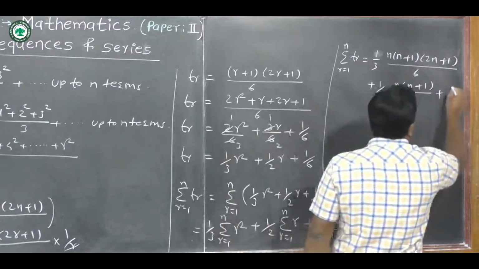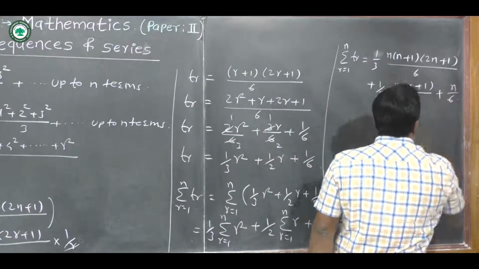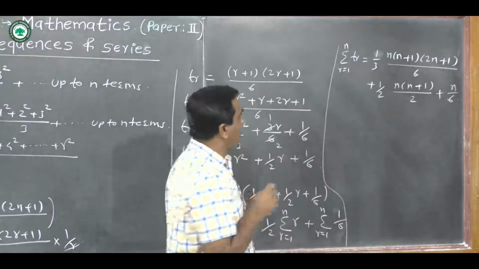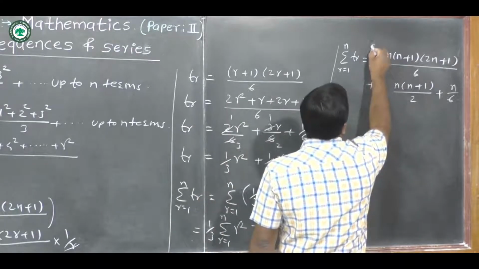We can write here the value of this as n upon 6. We can write this in bracket.